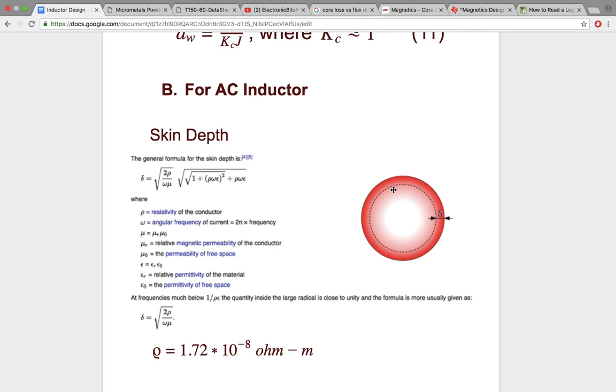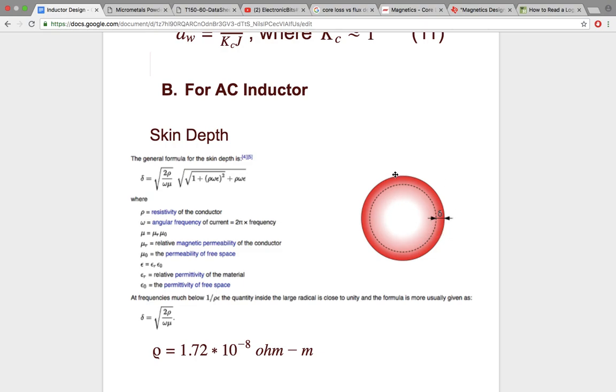The majority of current is pushed near the surface of the wire. It is not flowing into the core of the wire, where only a negligible amount of current flows.